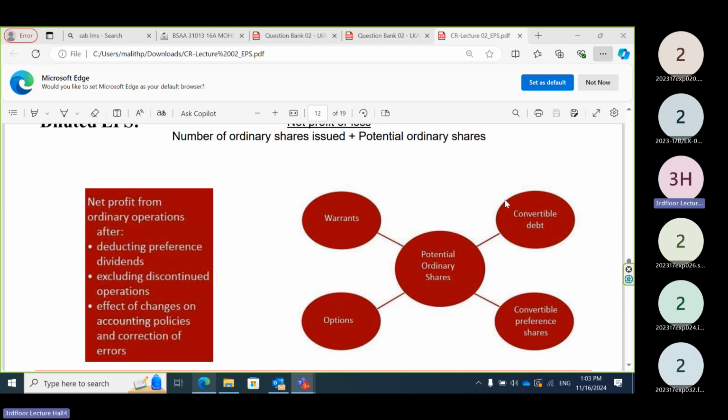And then once you are having warrants and options, it may be called call option or put option. Warrants and options. What do you mean by that? You have ordinary shares, and shareholders are eligible for some other shares, to purchase some other shares.